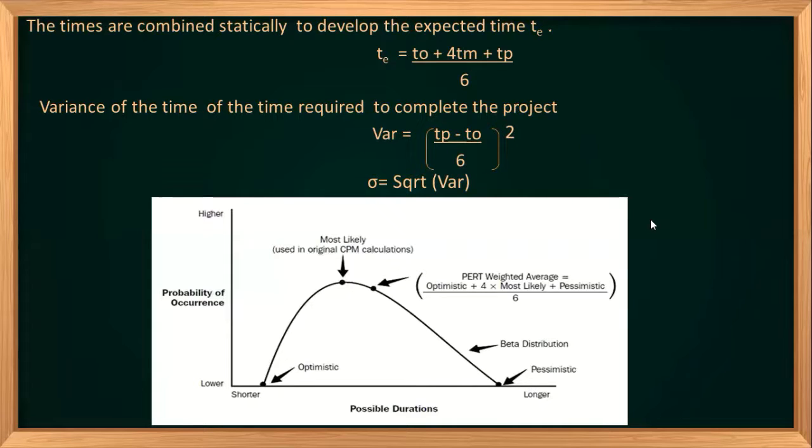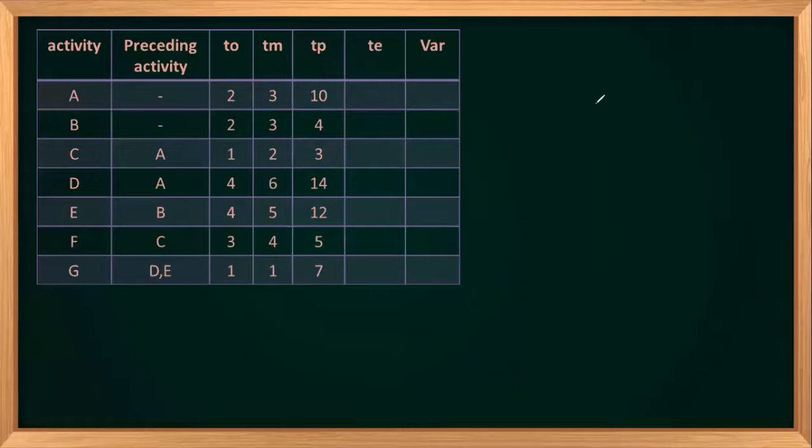Okay, let's work it out with an example. In this PERT analysis, we are given activities A, B, C, D, E, F, and G, and the preceding activities are also given, from which we have to construct the network.